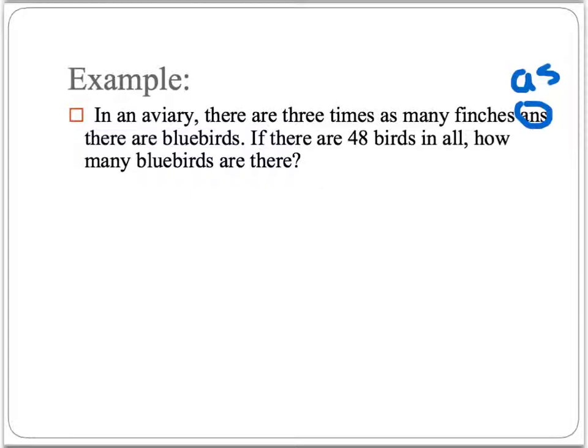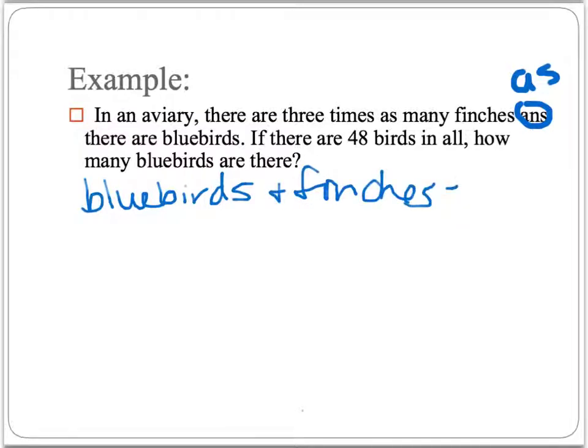If there are 48 birds in all, how many bluebirds are there? Well, let's see here. I've got finches and I've got bluebirds. So I've got bluebirds plus finches equals 48 altogether.